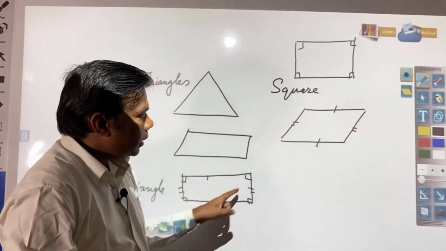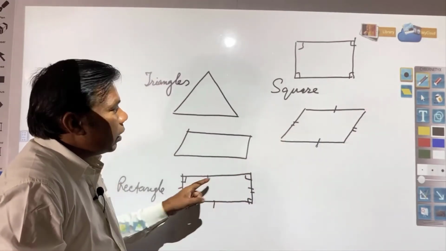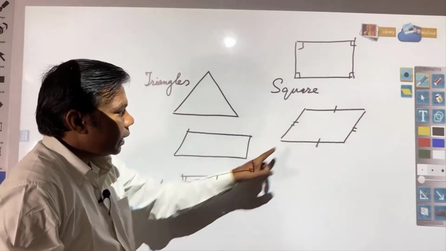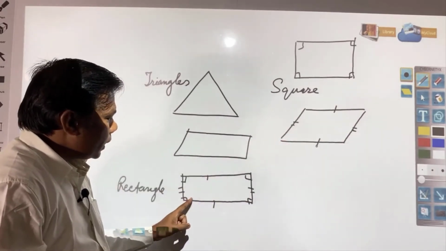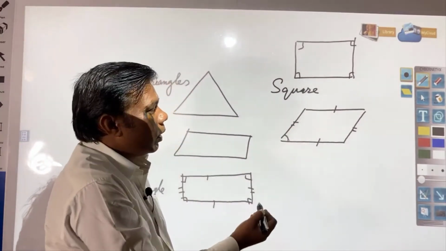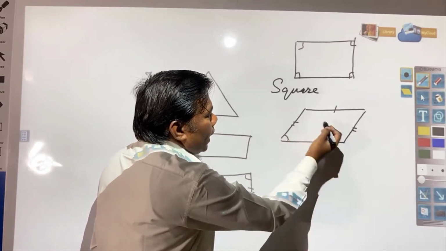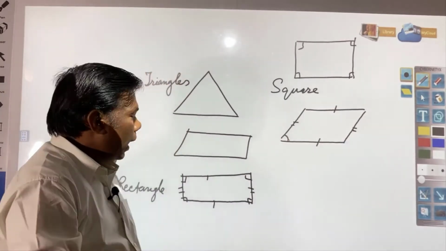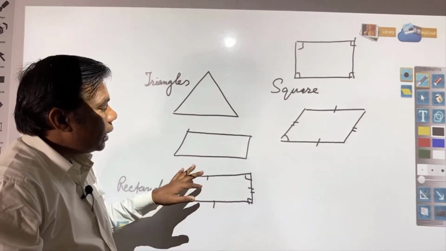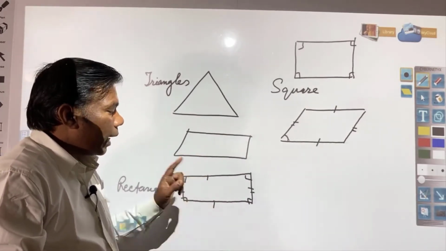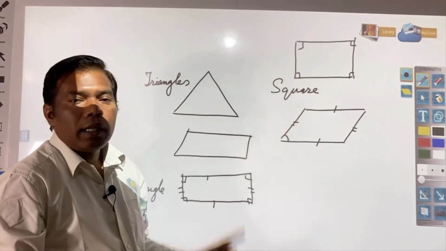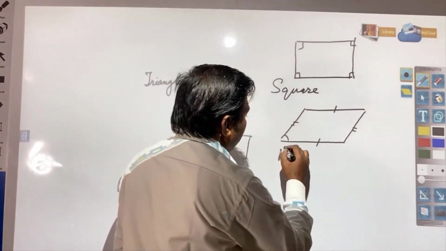The similarity is that opposite sides are equal in both. But in a rectangle each angle is 90 degrees, while in a parallelogram the angles can be any value, but opposite sides will be parallel. And one more thing: a rectangle can be said to be a parallelogram, but a parallelogram cannot be said to be a rectangle. So this is a parallelogram.